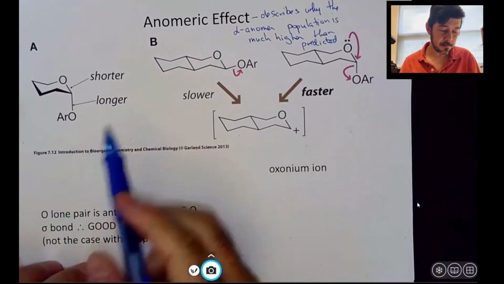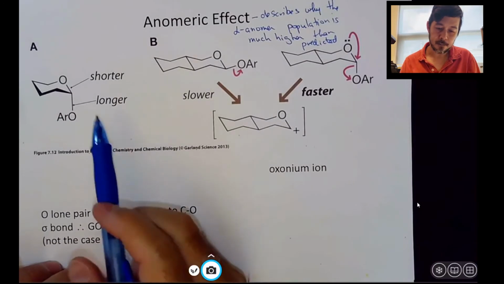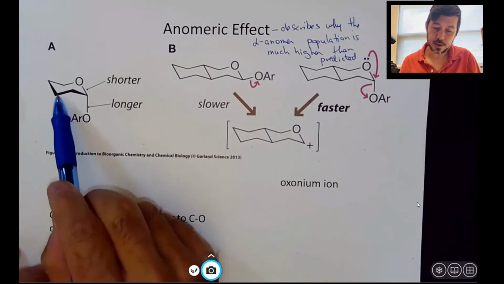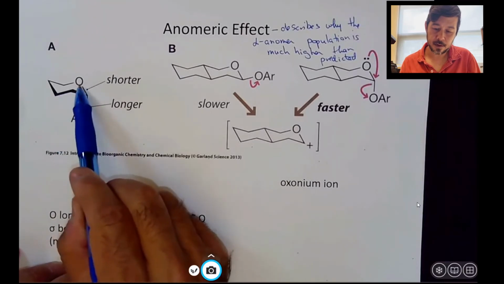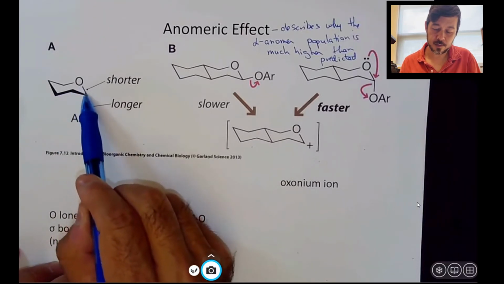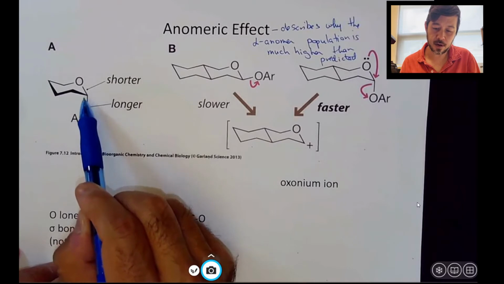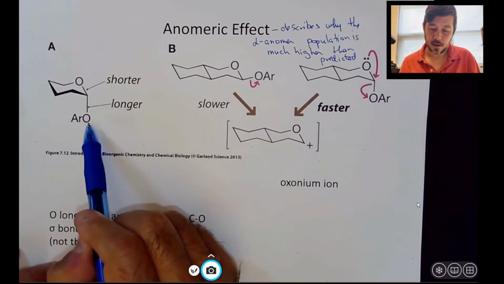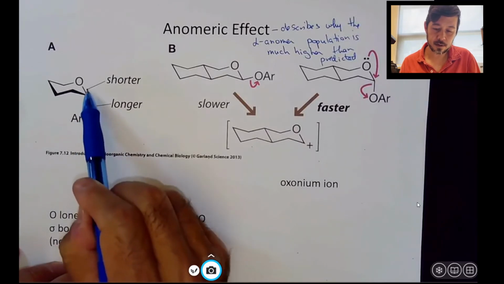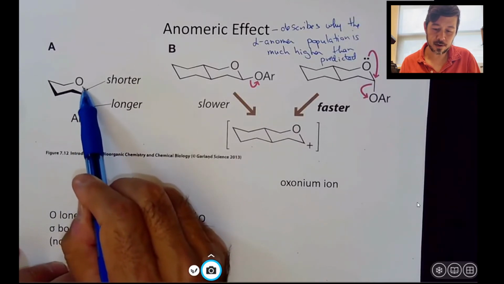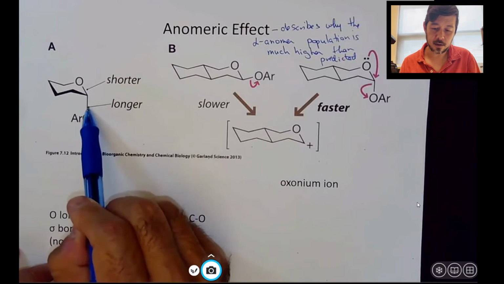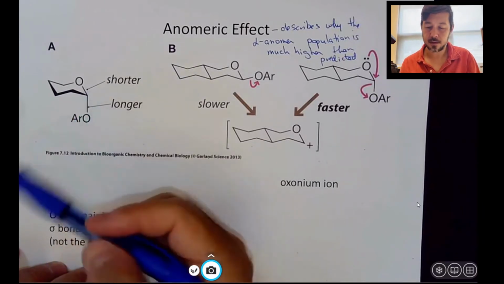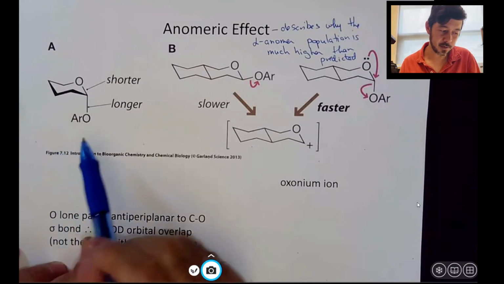So a couple things to talk about here. One is, if you look at panel A, you can see that we have this carbon-oxygen bond here, and then we have another carbon-oxygen bond here in the alpha position. If you actually measure the bond lengths, this carbon-oxygen bond here is actually a bit shorter than this one. And you might say, well, why would that be? Because they should be relatively equivalent.